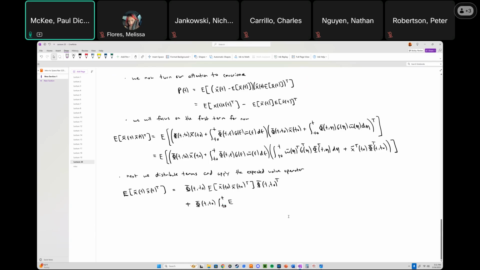So phi will stay outside the integral, x will multiply in. We'll get expected value of x of t naught times omega of eta transpose. And that's the only bit that's inside the expected value operator because g of eta is not random. And then phi from eta to t is not random, d eta.